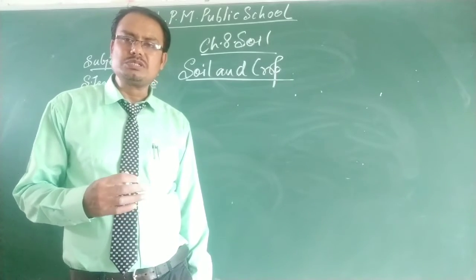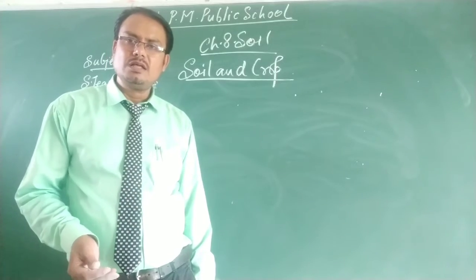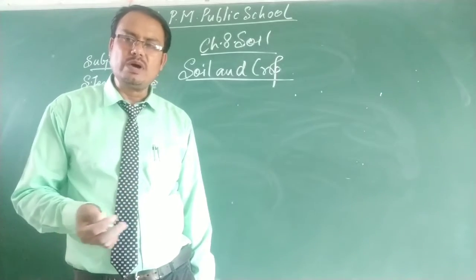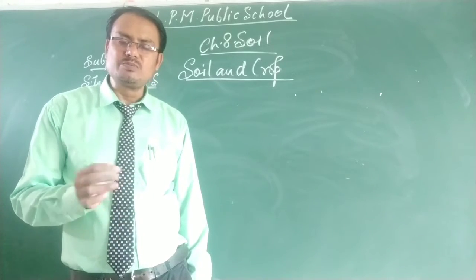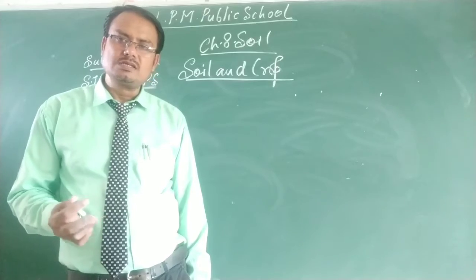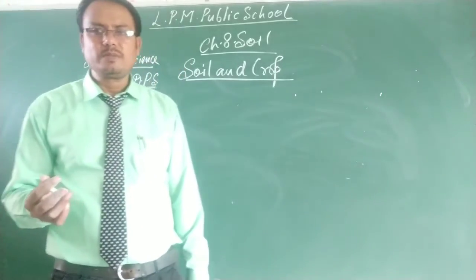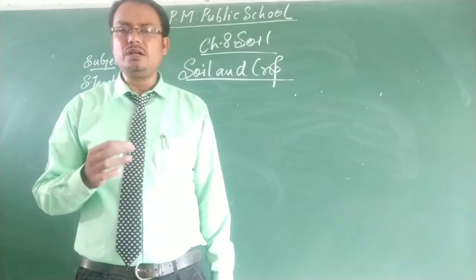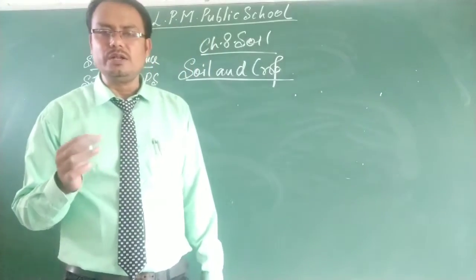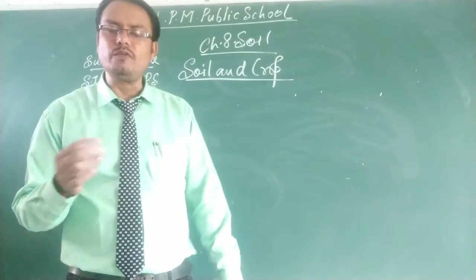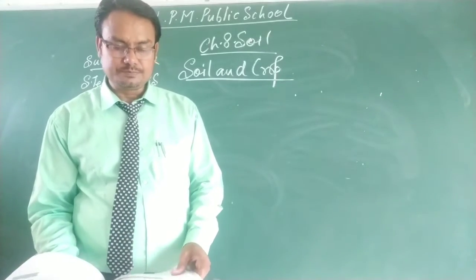Different plants grow in different types of soils. Some do best in clay soil, some in loamy soil, some in alluvial soil, some in black soil, some in red soil. So different types of plants need different types and natures of soil where they can grow very easily.